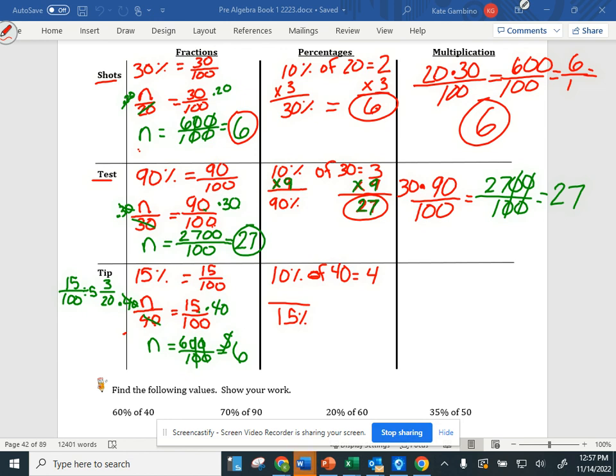Oh, who said that? Who said plus? Yes. So instead of multiplying up here to go from 10% to 30% and 20% to 90%, we could add 5%. So if we add 5, that gives us 15. So we added that 5 to get us to our 15%.